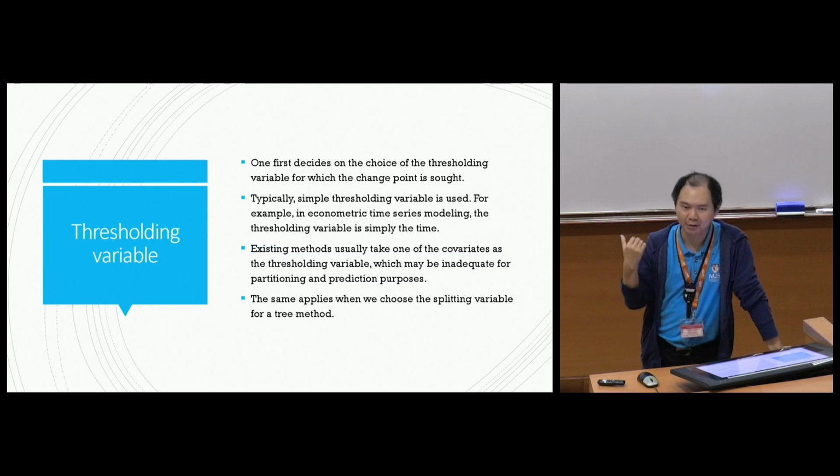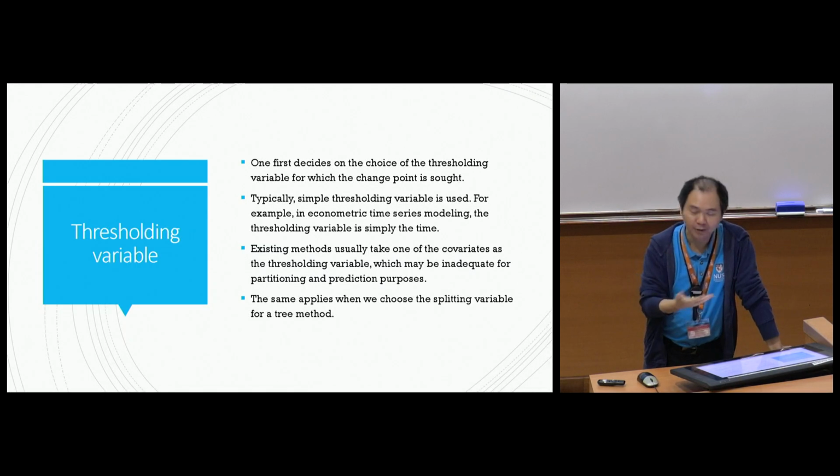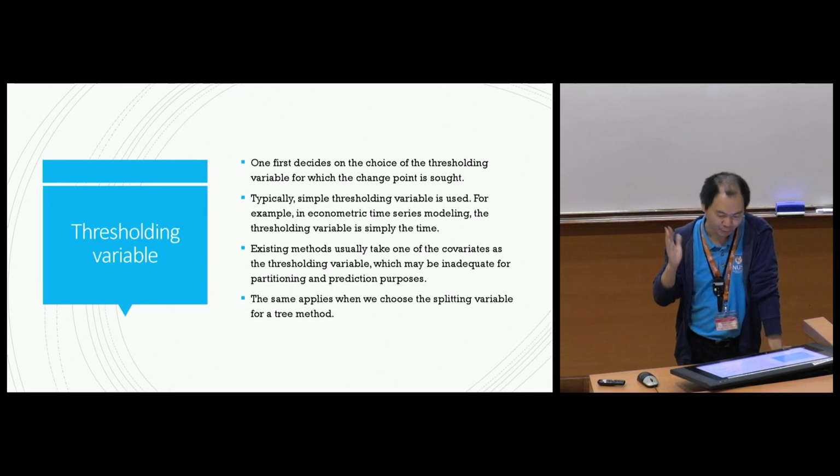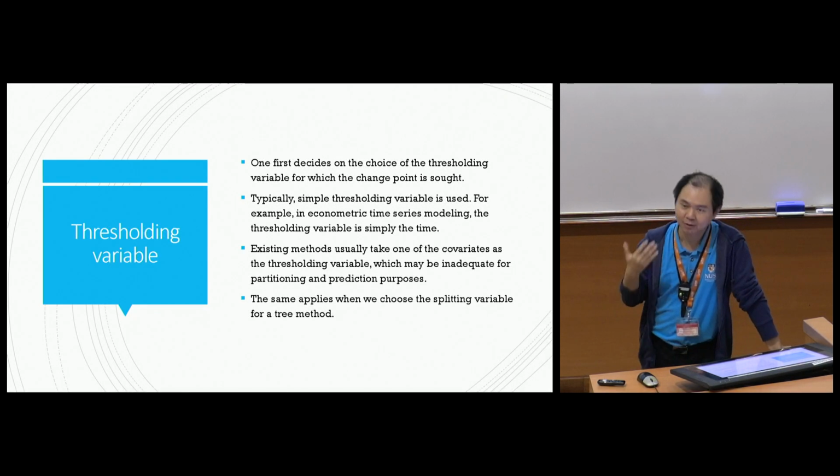So that's very natural. Okay, but in medical studies, in clinical studies, we have so many variables, not just time. You can use age, you can use a person's age, you can use body heights, body weights, or other genetic information, right? So everything you collected can be used as a thresholding variable.